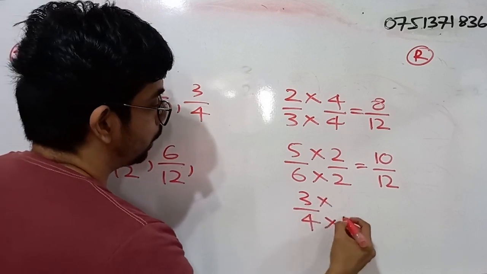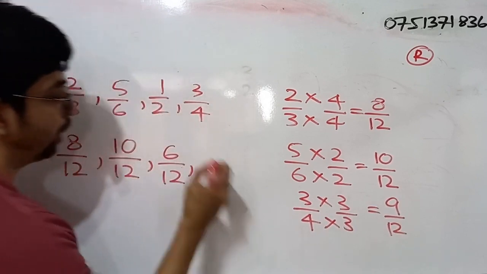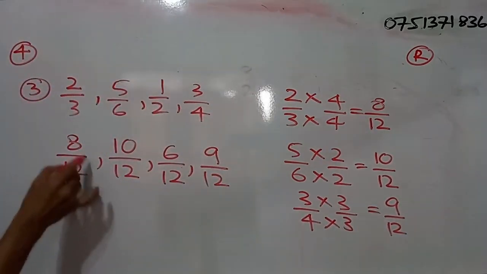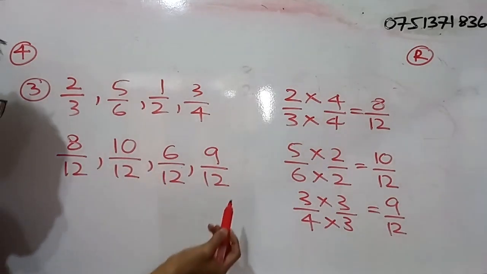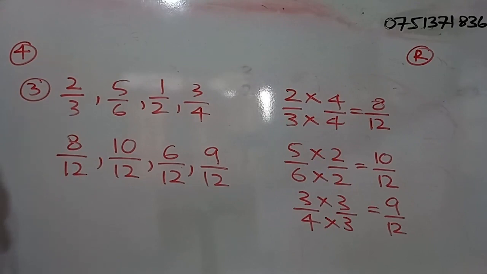I am going to multiply the numerator and the denominator by 3. So I will be getting 9 by 12. Right. Now, see, the denominators are same. So we can easily come up with the answer. So we have to arrange the given fractions into ascending order. So 6 by 12, that is the smallest fraction.